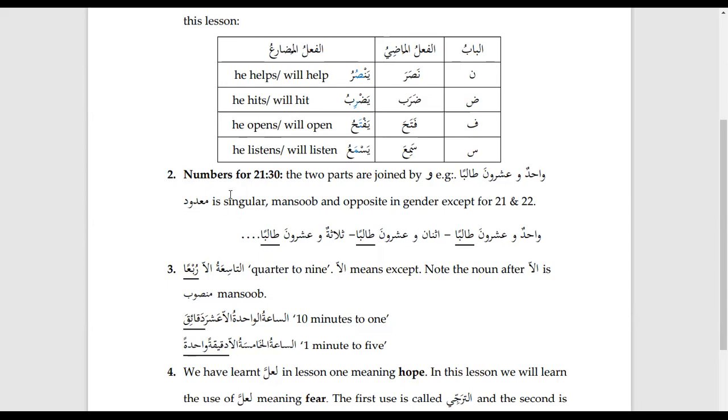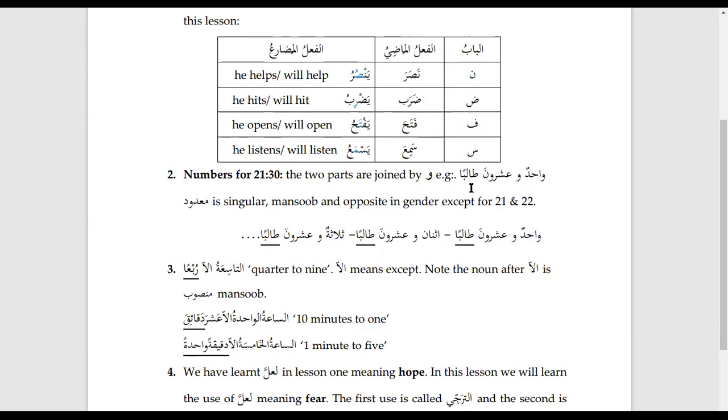Today we will see the numbers from 21 to 30. They are really easier. We just connect or join them with wow. For example, if we want to say 21, I will say wahidun wa ishruna taliban. We know that the Arabic of 20 is ishruna, and the Arabic of 1 is wahid.